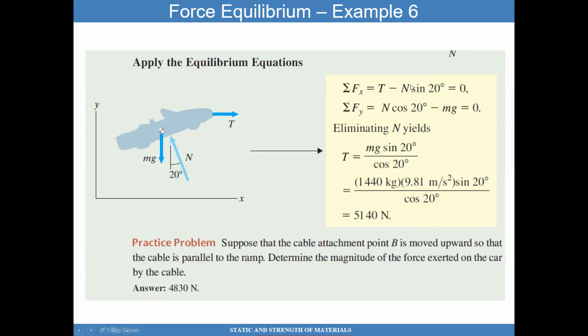So T minus N sine 20 degrees equals 0. Then in the y direction, I have N times cosine of 20 degrees and the weight of the vehicle in the opposite direction, equal to 0. I know the weight, so I can solve for N. Once I know N, I can solve for T. So it's a fairly straightforward problem.